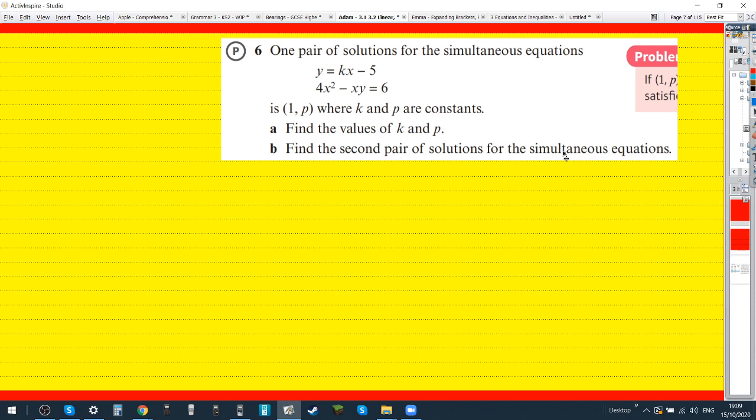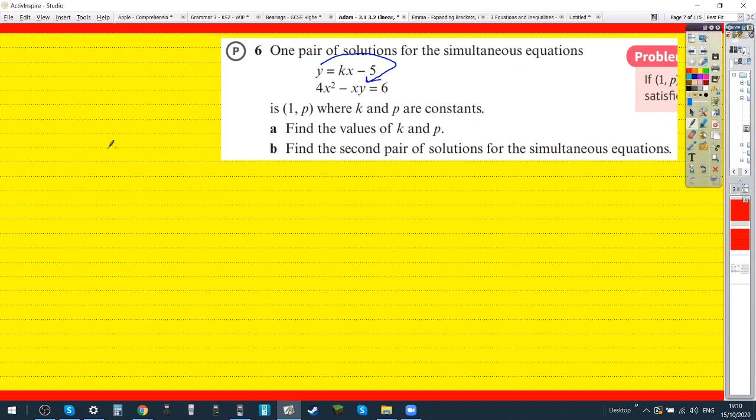Okay. So it'd be 4 open brackets for the bottom one. No. Y is kx minus 5. And so instead of writing y, you write kx minus 5.